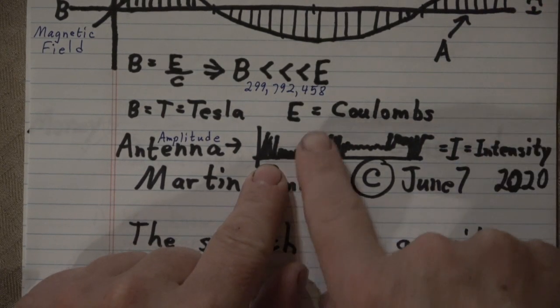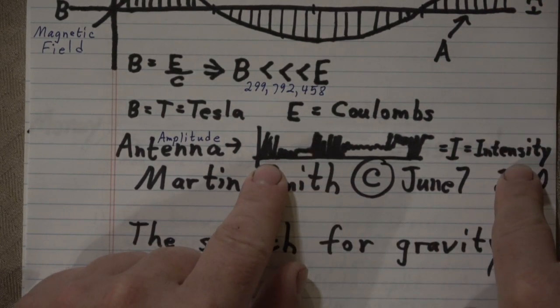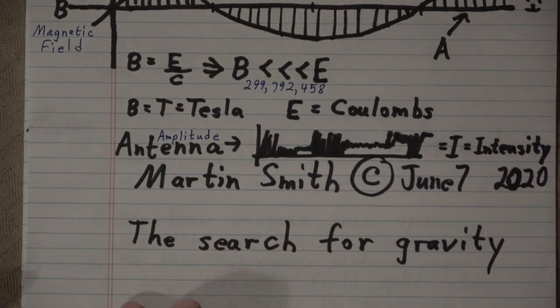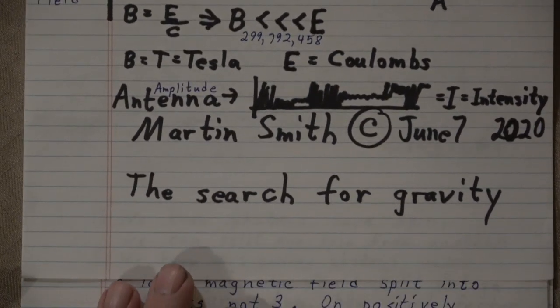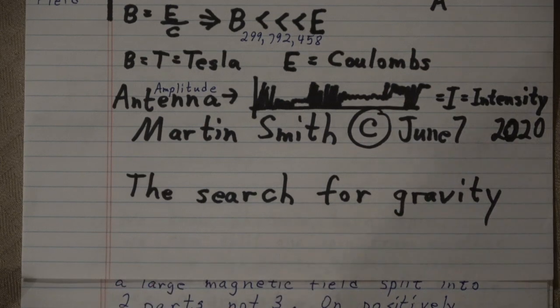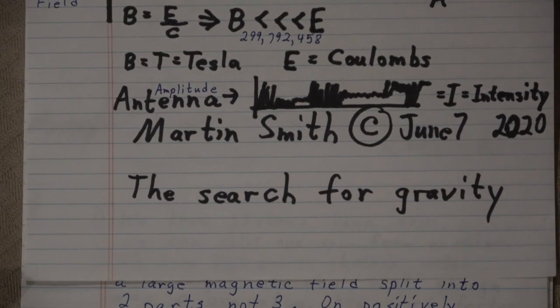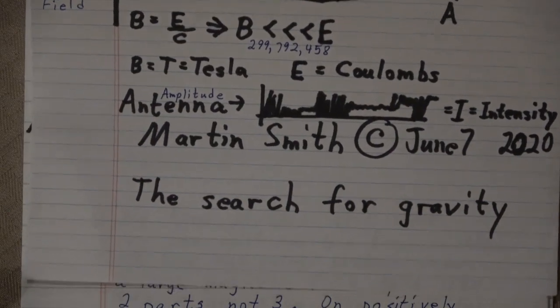And what happens is we are confusing amplitude with intensity. That happens a lot. This was derived from the search for gravity, and I was trying to explain to my friend Aaron that this particular part of the search for gravity is finding amplitude.